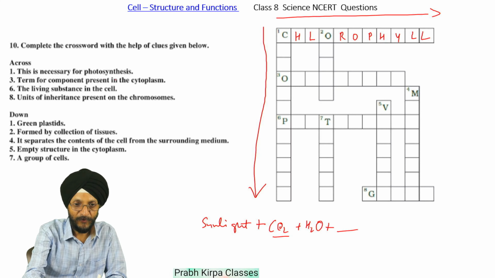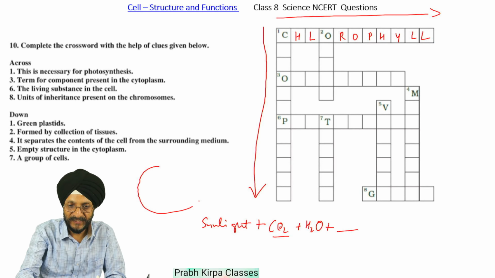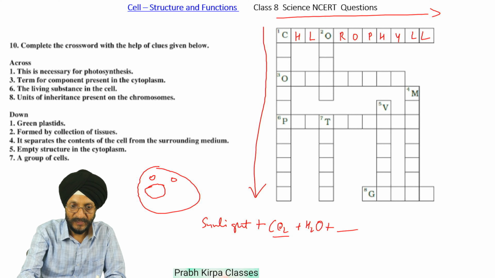Next, term for component present in the cytoplasm. We have seen that if this is the cell, there are many organelles present in it. This is called nucleus. Then this is called mitochondria. Then there are other Golgi apparatus.